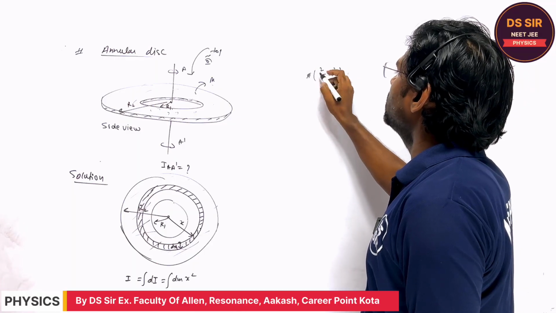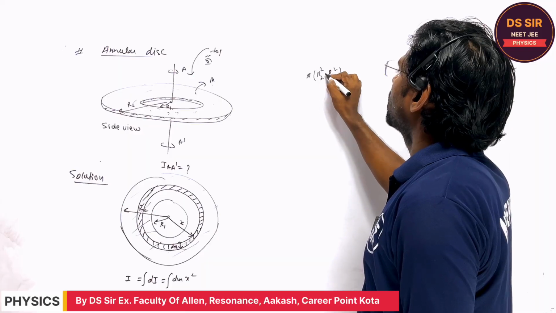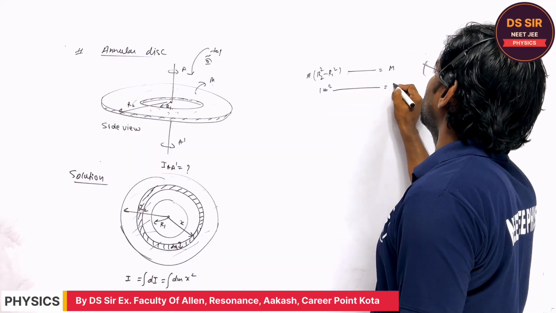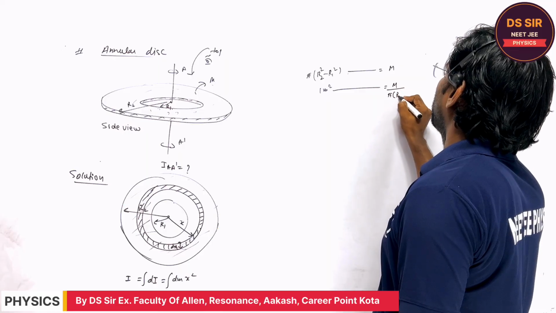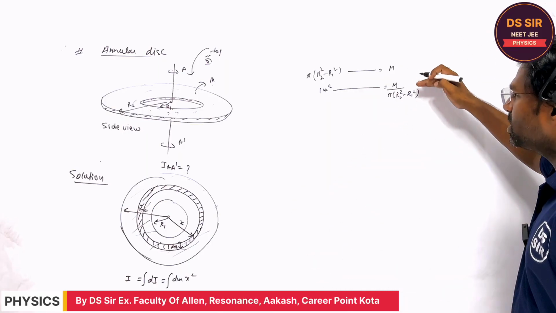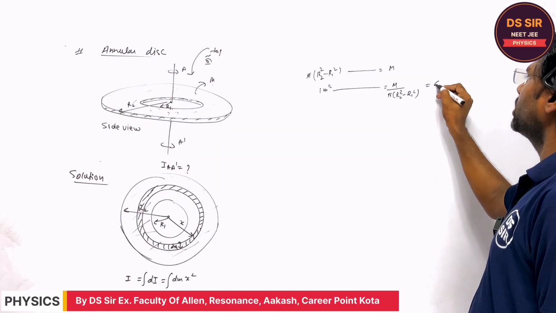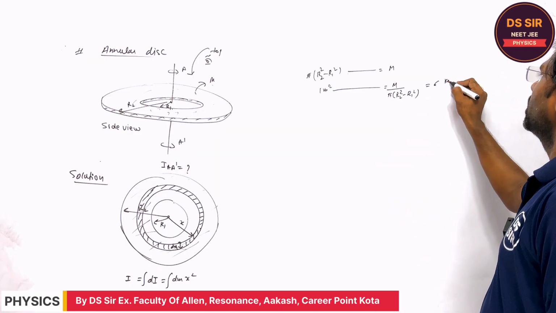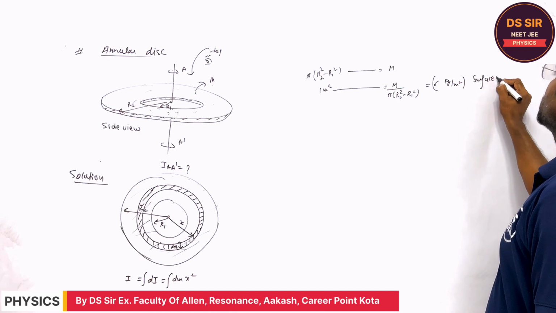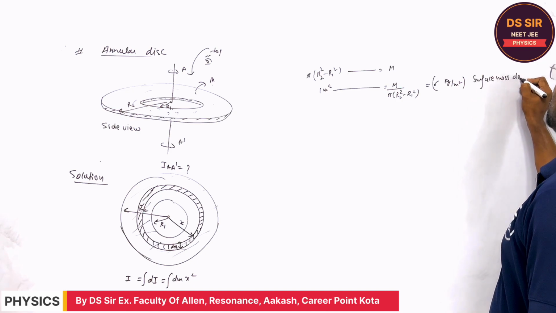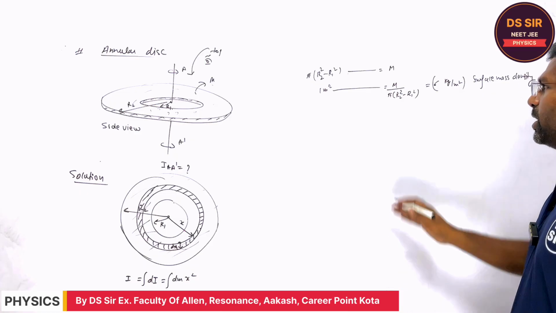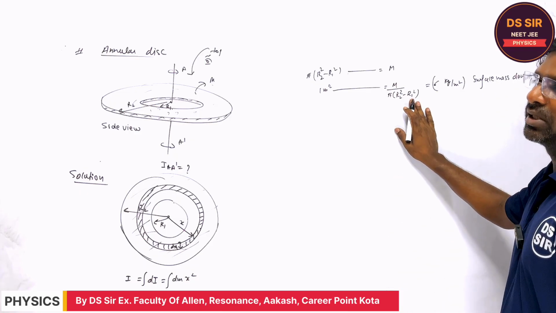This is the mass per unit area, sometimes called the surface mass density, in kilogram per meter square. Sometimes it will be used in further questions.